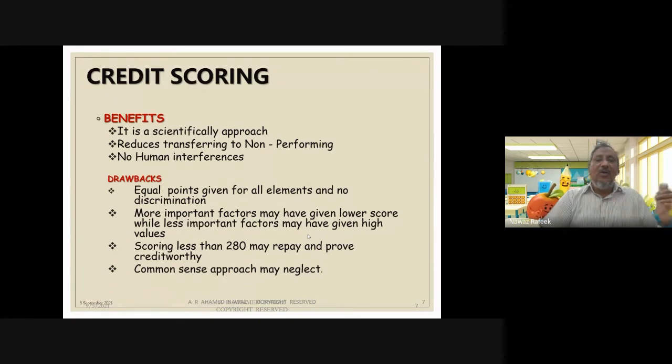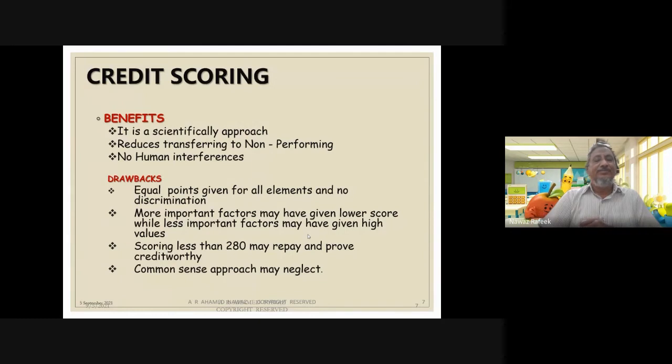Here, all are equal. Therefore, sometimes the weaker elements may get higher points and stronger elements may get lower points, so the decision may sometimes be negative. More important factors may be given a lower score, while less important factors may be given high values.